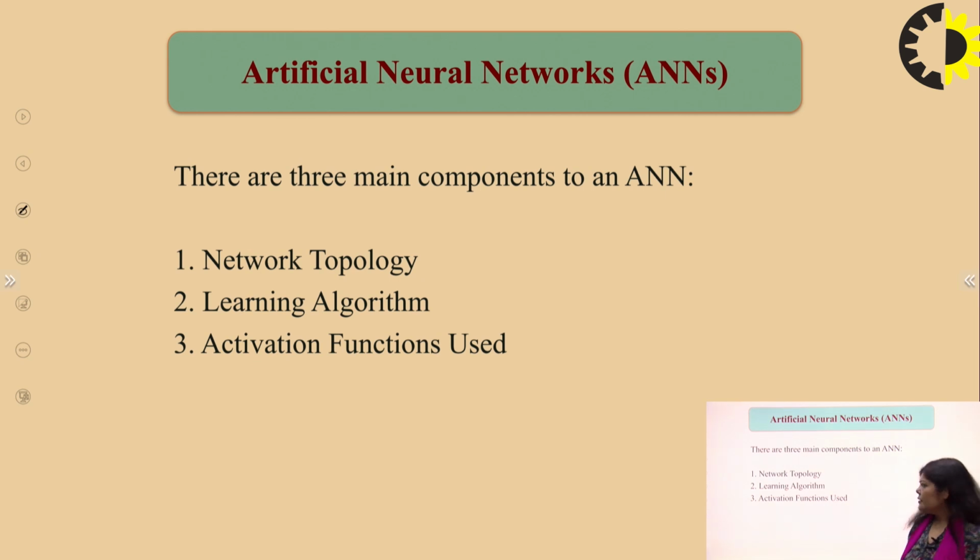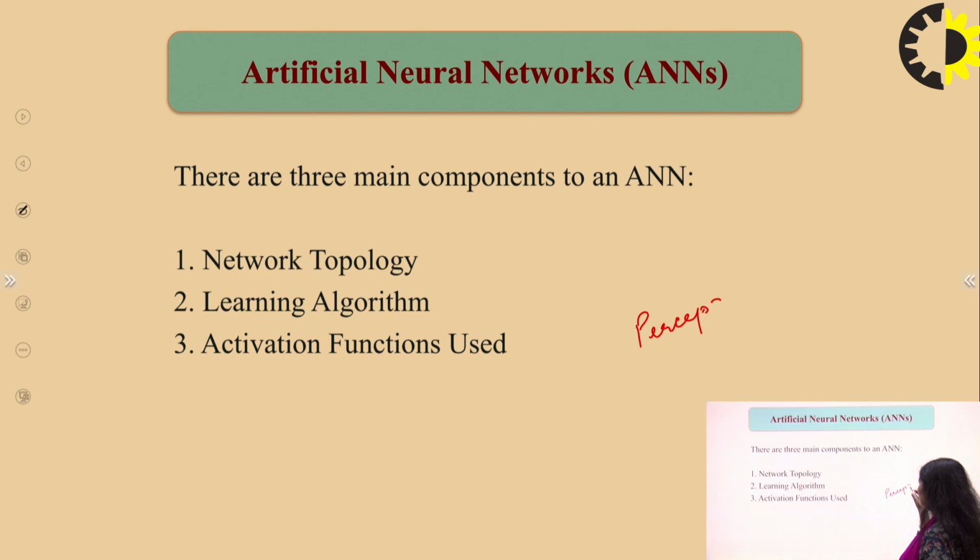After seeing the basic mathematical equation that works behind a neural network model, one more thing I want to say is that the model which we have discussed right now is called the perceptron model.